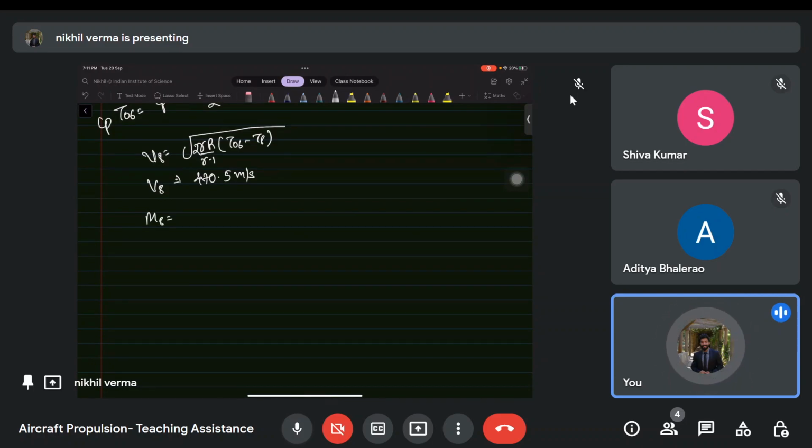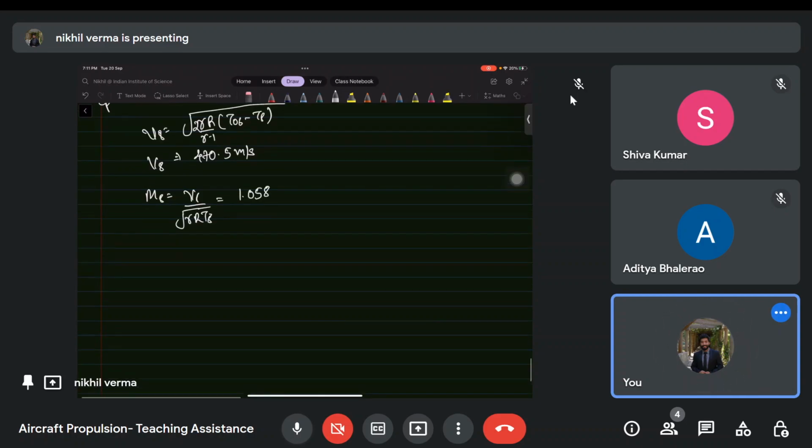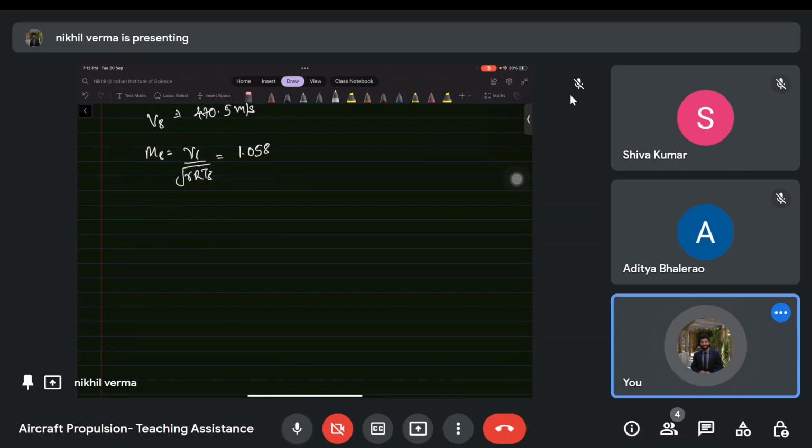Let us calculate what is Mach number at 8. So this is V8 by root gamma R T8. So if you calculate, you will get 1.058. So now for the thrust you need what is A8, right? So what is the area at the exit?